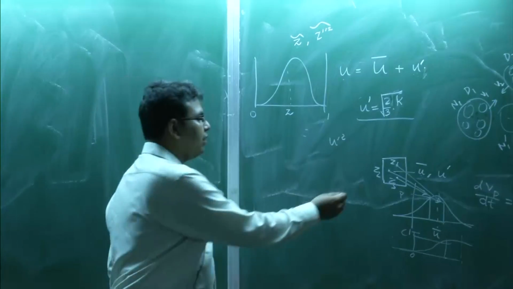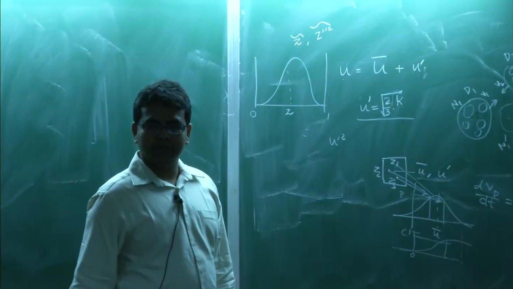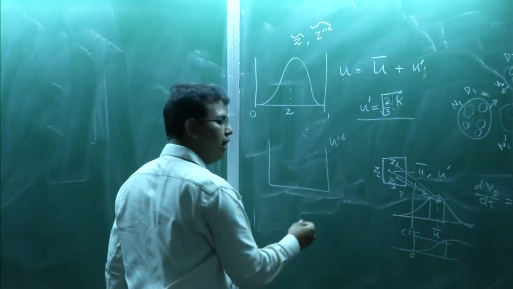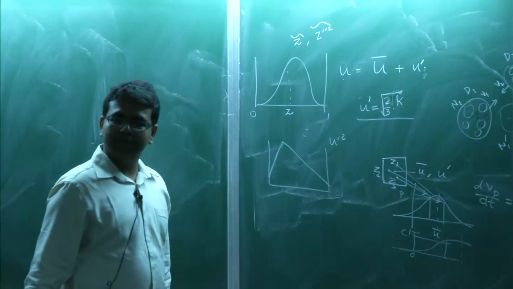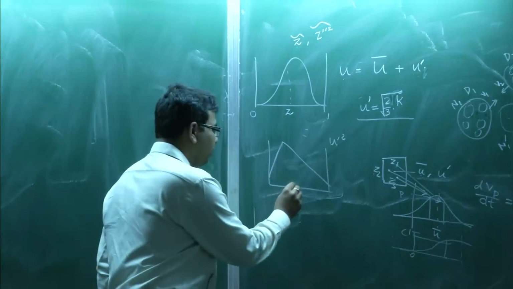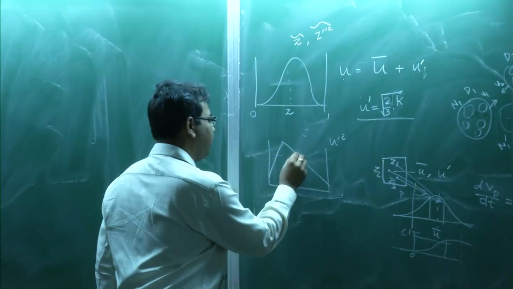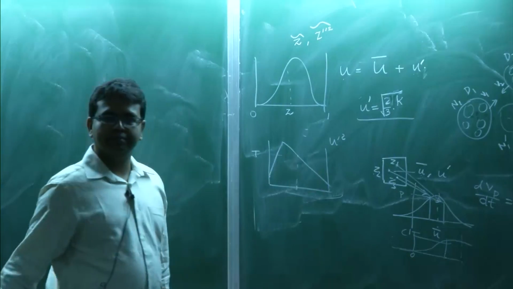So, once you know the instantaneous mixture fraction, you can calculate the temperature, because if you have infinitely fast chemistry, you know the flame structure, right. So, you know the mixture fraction, you can come to this point, and this is the instantaneous temperature, right.